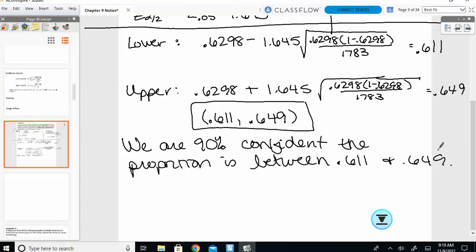So based on this, would you think the majority were in favor of it? Yeah, we're 90% confident it's between 61 and 64.9%. So we're fairly confident that it would be in that value. Now, does that mean it has to be? No, we're 90% confident. There's a 10% chance that it's outside this window. Okay, so we have now found a range of values and a measure of how confident we are.